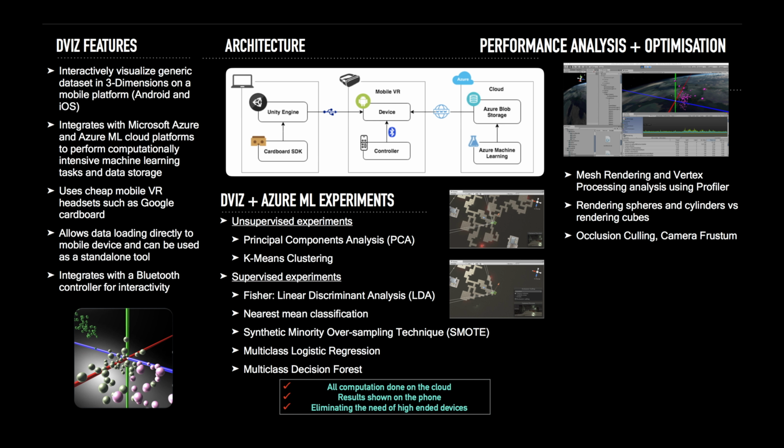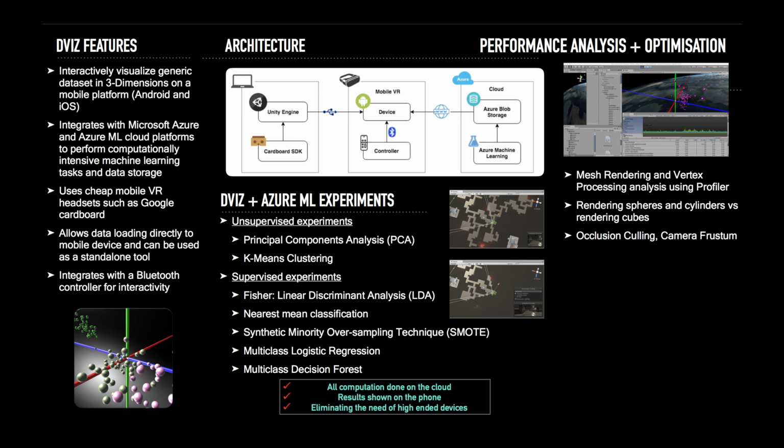This mobile VR is connected to the cloud, and the results of the experiments that you design on Azure Machine Learning Studio are exported to Azure Blob Storage, and the results are downloaded into your phone and shown. Hence this removes the need for the computation part, because all of it is done on the cloud and only the results are shown on your phone.